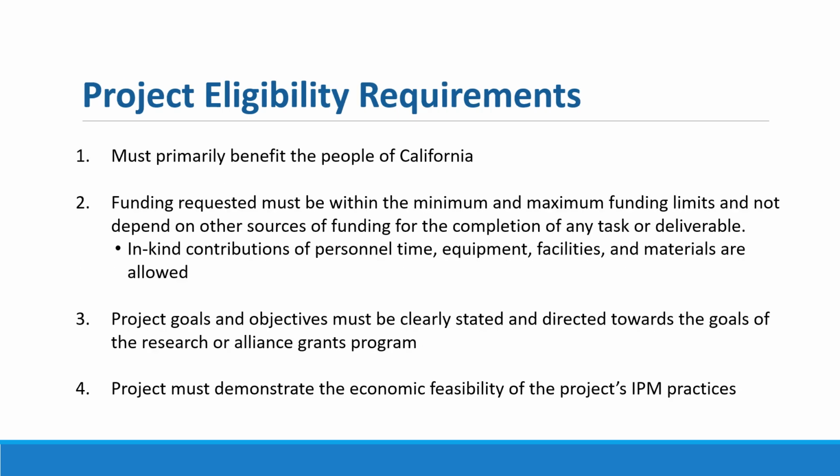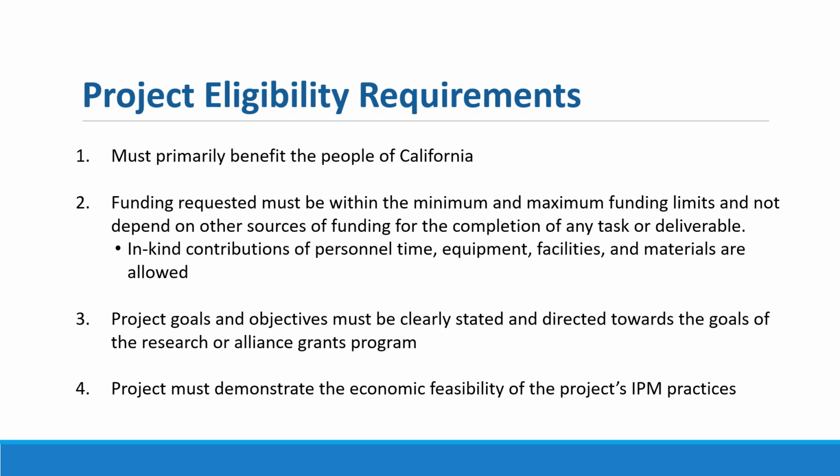The project itself has a number of eligibility criteria. These include, as noted, first and foremost, that the project must primarily benefit the people of California. The funding requested must be within minimum and maximum funding limits, and check on those numbers as they change annually. In-kind contributions are allowed, and project goals and objectives must be clearly stated and directed towards the goals of the Research or Alliance Grants program.